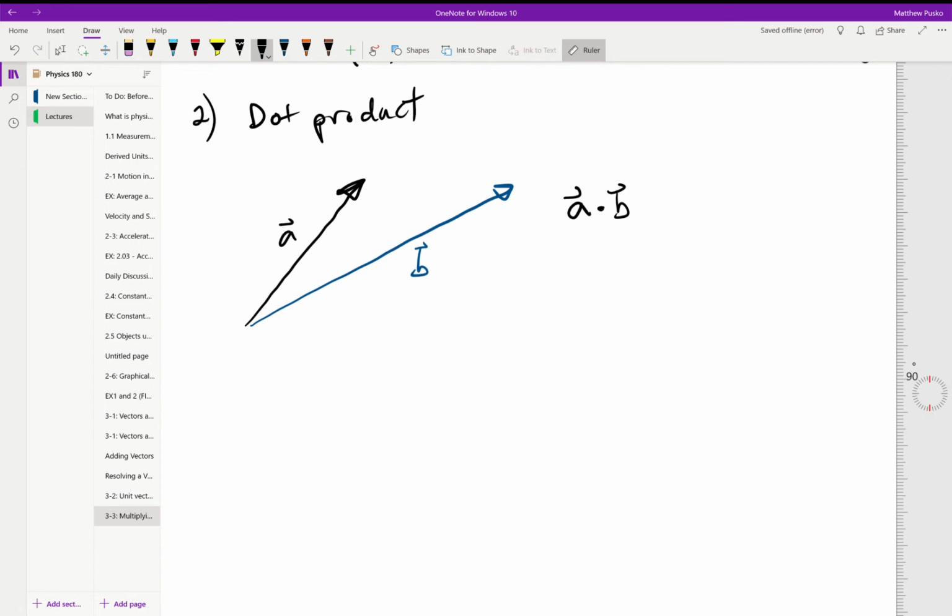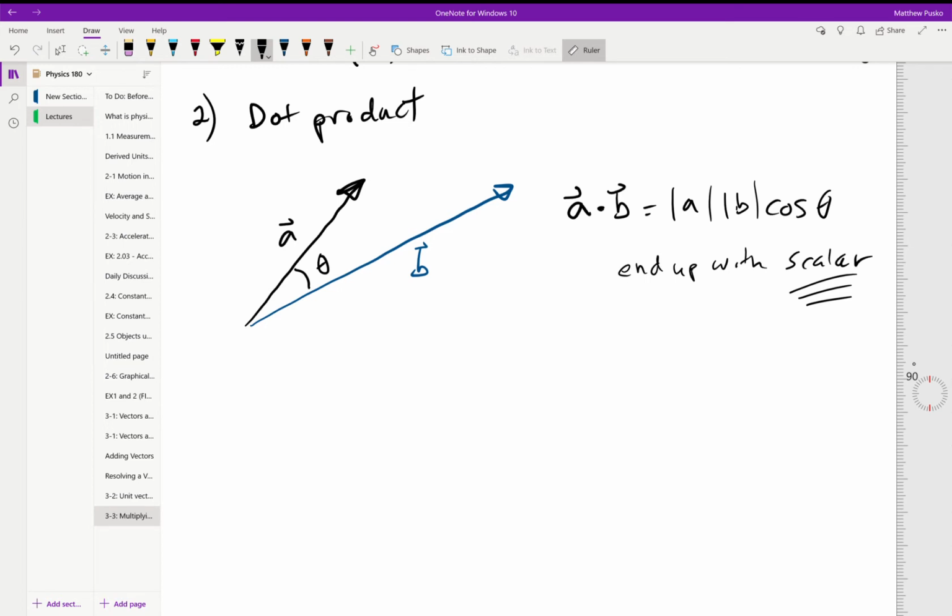A dotted into b is equal to the magnitude of a times the magnitude of b, and these are just the magnitude, so don't actually need the vector sign, times the cosine of the angle between here. So if you notice, we end up with a scalar. So it's the only way to multiply vectors that actually gives us a scalar back.